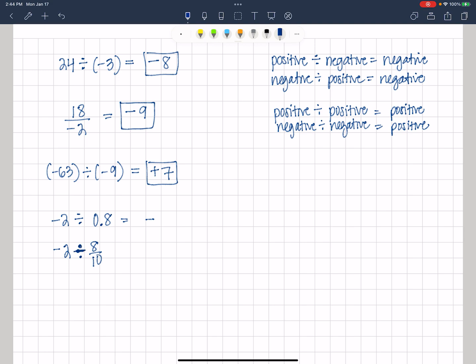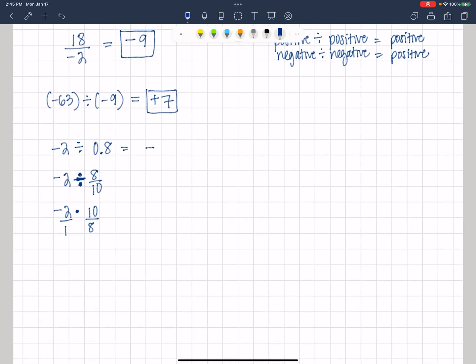Now remember that your decimals can be written as fractions, and then dividing by a fraction is the same thing as multiplying by its reciprocal. And then I can cancel out, remember that 10 in the numerator, I'm going to keep that, but 8 is 2 times 2 times 2, or I can say 2 times 4.